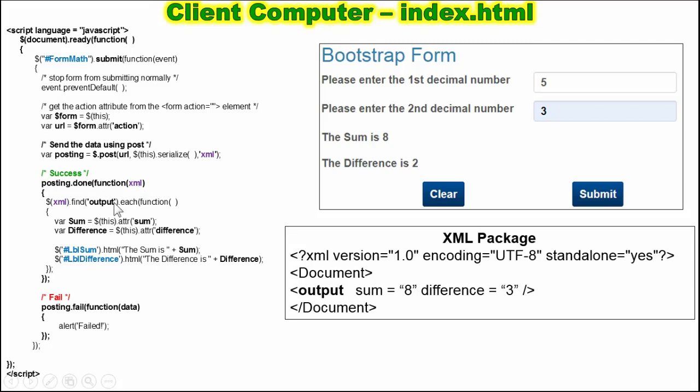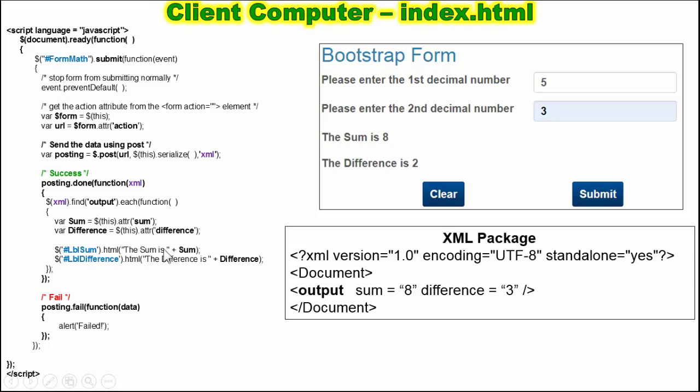The body of the event handler finds and filters the output tag from the XML package. Next, it accesses the value of the sum and difference from the XML package.